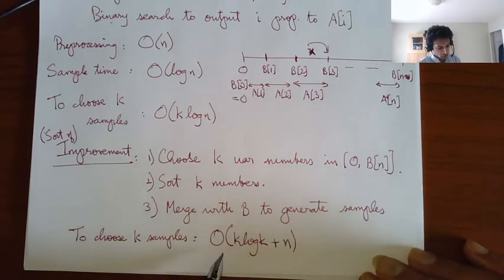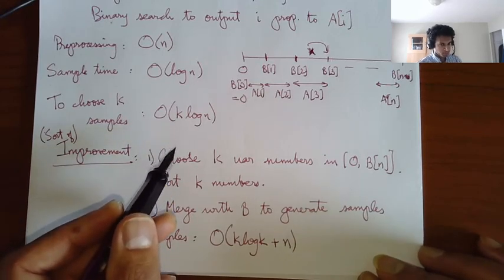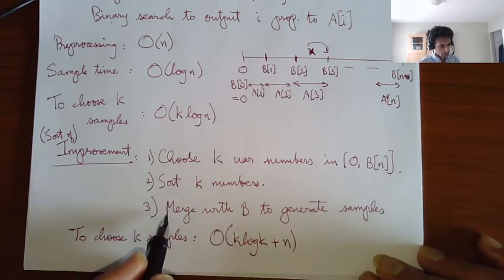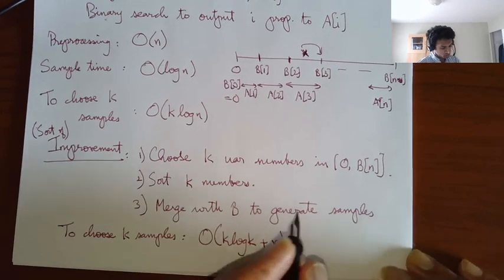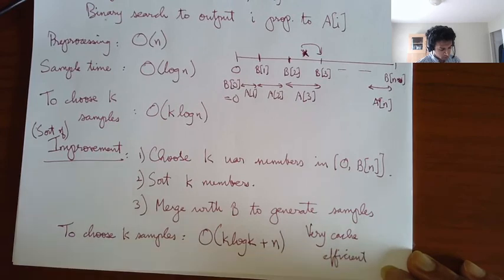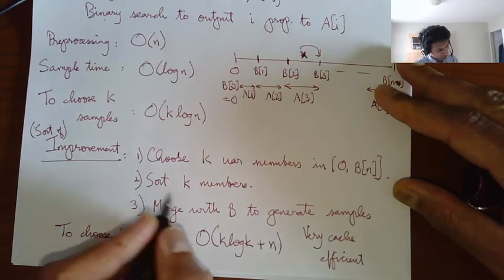So this looks kind of worse and kind of better. In practice, this is pretty darn good because these operations are extremely fast in terms of cache efficiency. To be clear, when you say merge, you mean a single step of merging sorted arrays.